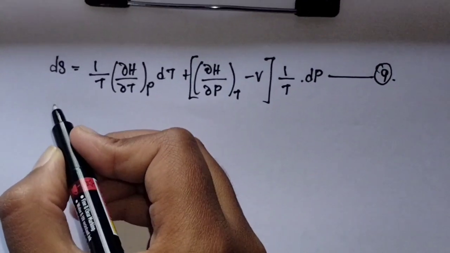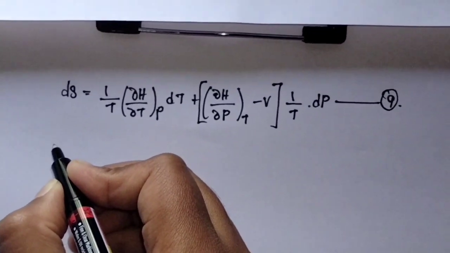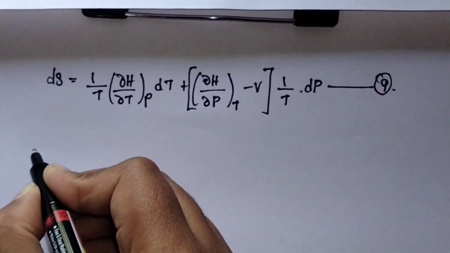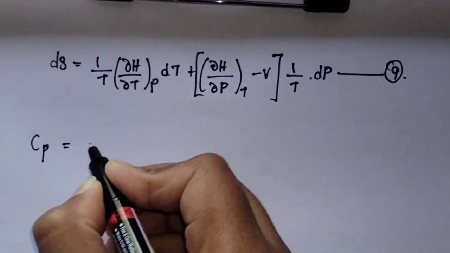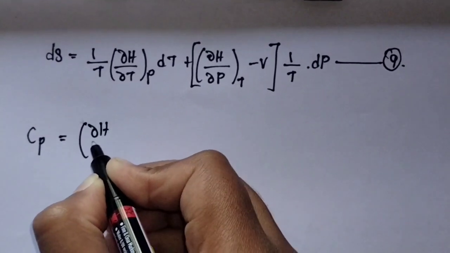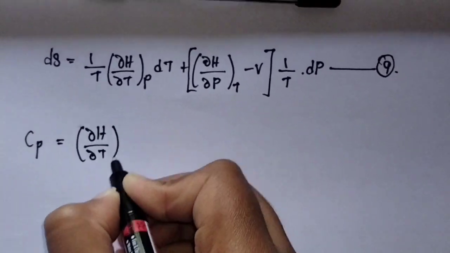So, the heat capacity at constant pressure, that is Cp, is equal to (∂H/∂T) at constant pressure.